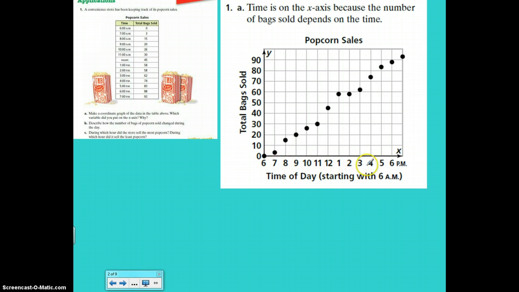They counted by ones going across because that was the time given, and then they counted by tens going up. So your graph may look a little different because you had to estimate the majority of the sales, since 20 at 9 o'clock and 30 at 11 o'clock were the only ones that were exactly on a 10.